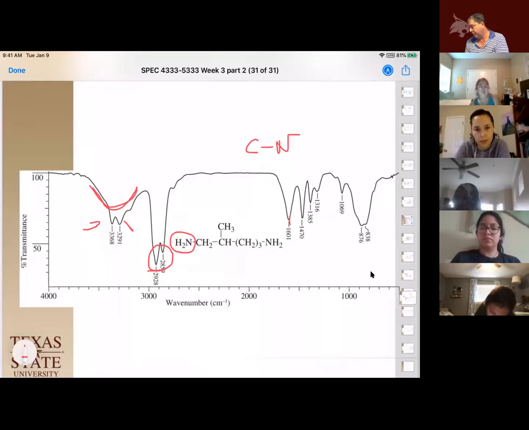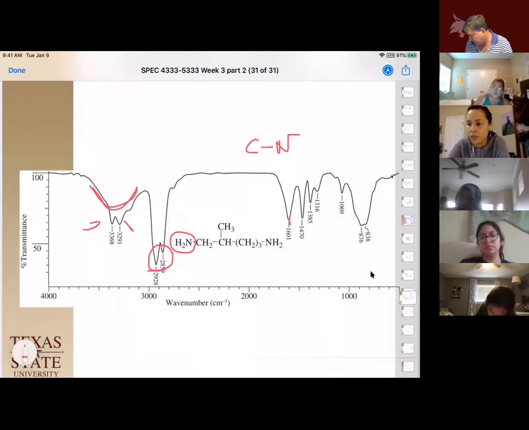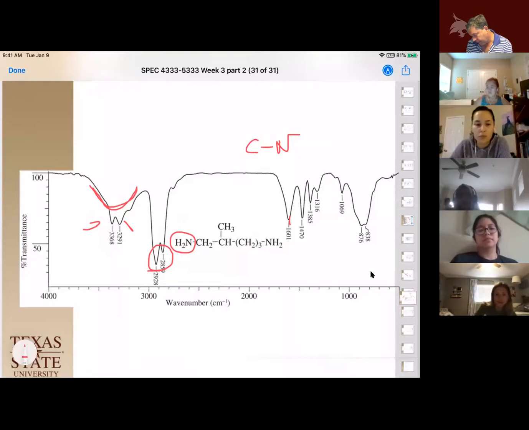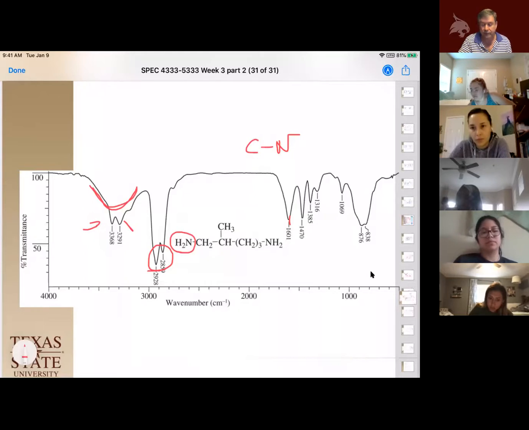A carbon-nitrogen double bond, 16... it's not supposed to be here. I don't know what that is, 1700. Oh, yeah, aliphatic primary amines have a medium peak at 1600 as the carbon-nitrogen bond. Good. Thought I forgot. All right.